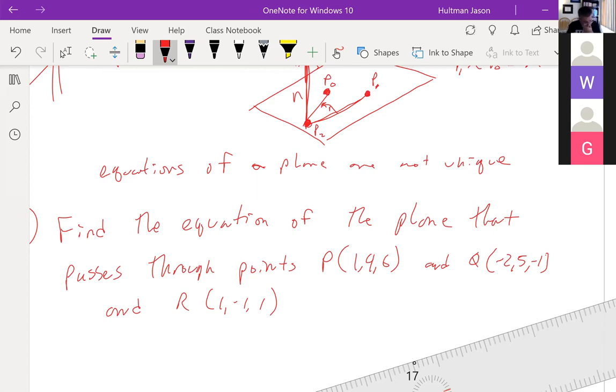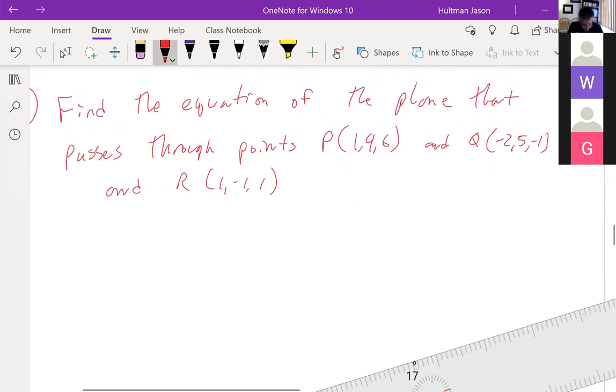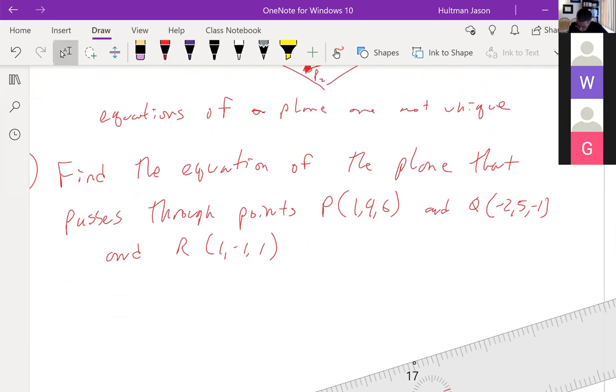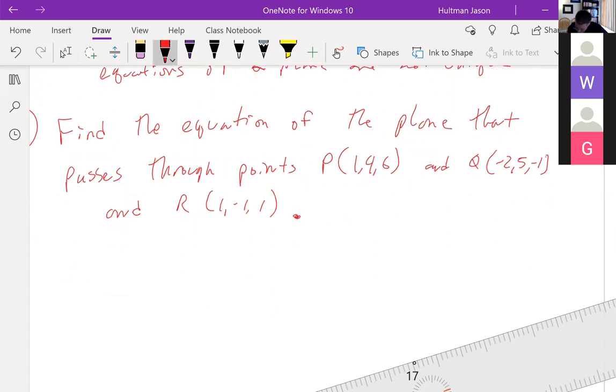Okay, so what I need to do here is find the normal vector. So how could I find a normal vector? Well, if we have points P, Q, and R in 3 space, then if I look at the vector PQ and the vector PR, couldn't I cross those and then get n?